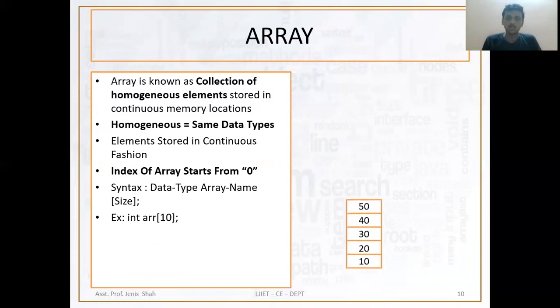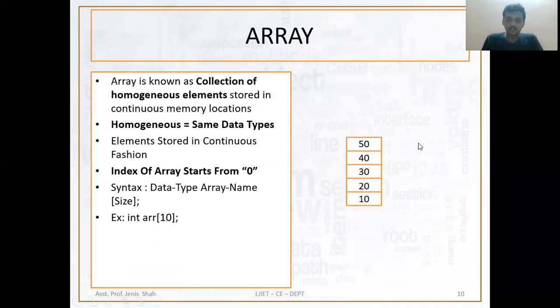Okay, now let's see. Here, this is the array 10, 20, 30, 40, 50. Index starts from 0: A of 0, A of 1, A of 2, A of 3, A of 4. And the addresses are 1000, 1002, 1004, 1006 and 1008. Okay, so what happened here?